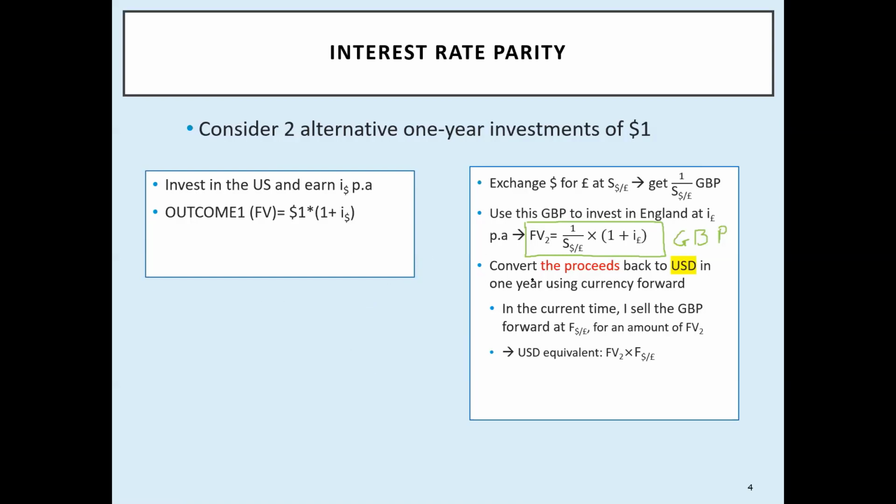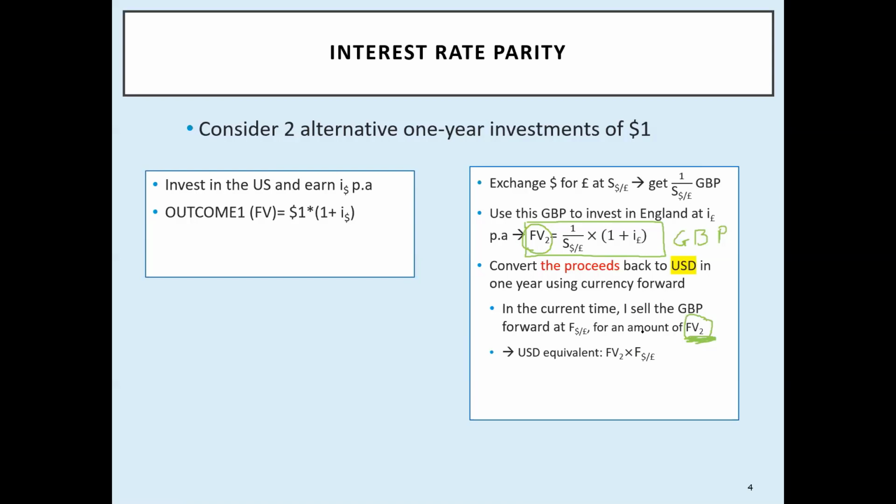So how many pounds do I sell? I will be selling an equivalent amount of FV2, because this is what I expect to get after 1 year of investment. So in the current time, I'm going to be entering into a short forward position to eliminate any exchange rate risk for this amount of pounds, which I expect to get from my investment in the UK after 1 year.